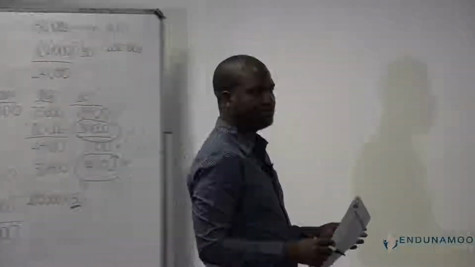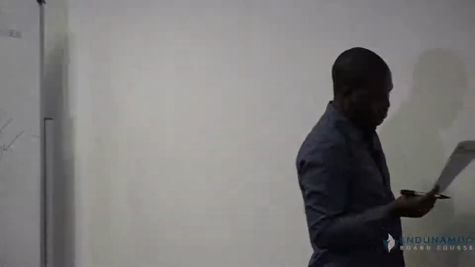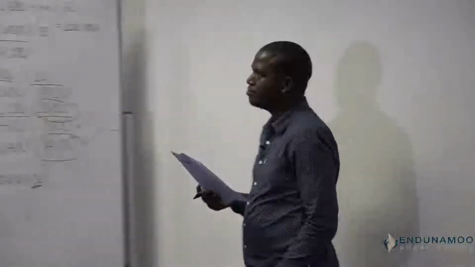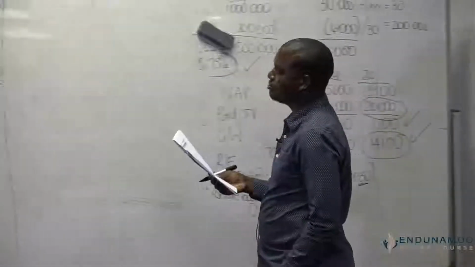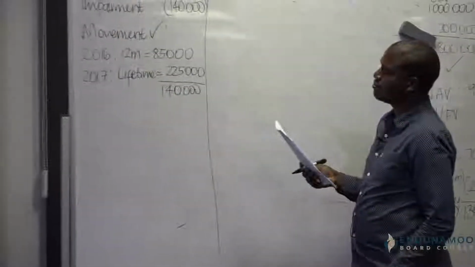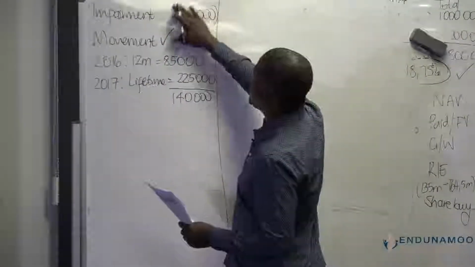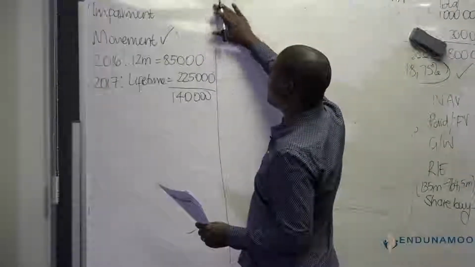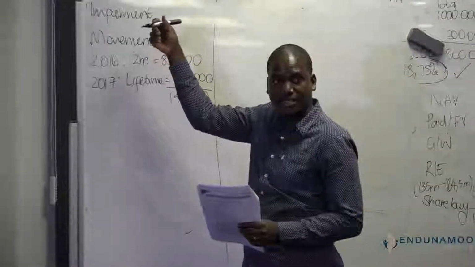Everybody clear? Okay. But then that means that the adjustment, because the expense is overstated right now, should be 85, which is positive. Remember that we are adjusting, right? We are not calculating the correct thing.